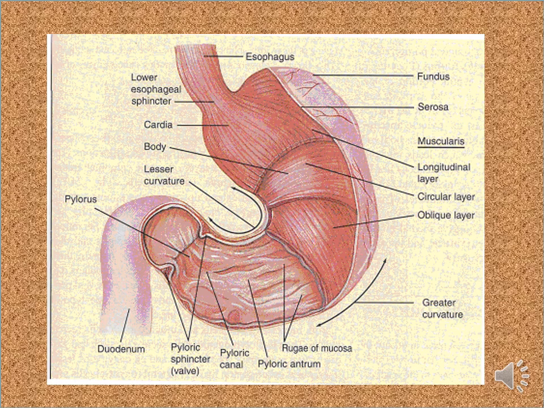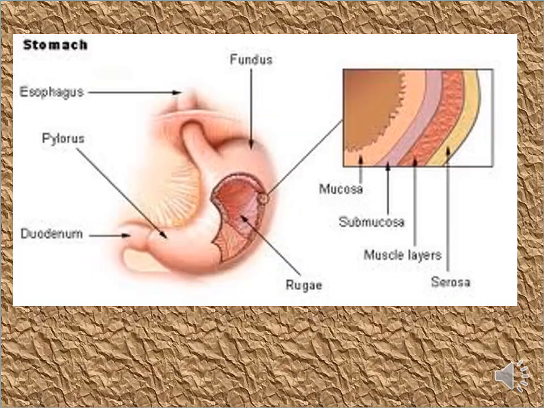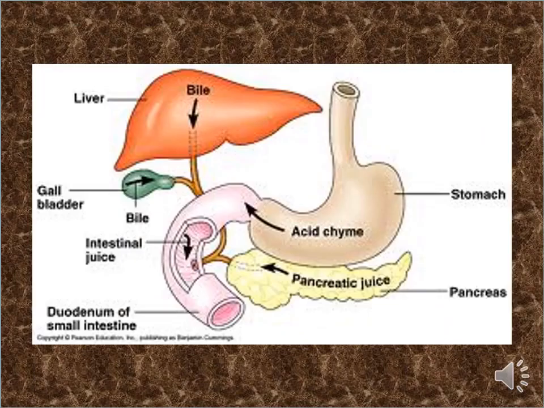This is the structure, and we have many glands within the mucosa of the stomach that secrete enzymes and HCl to digest the food. This figure shows the cross-section through the layers of the stomach, from the lumen of the stomach to the mucosa, the submucosal layer, the muscular layer and the serous membrane.